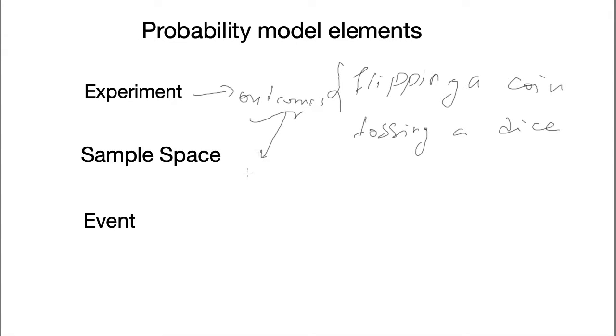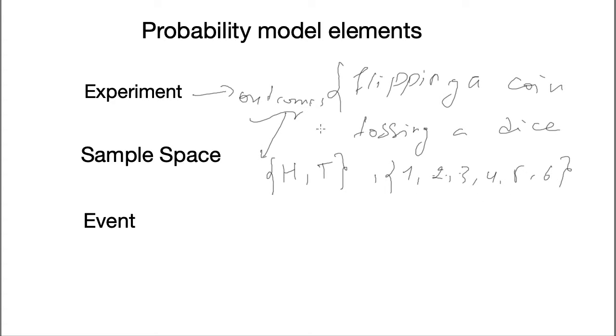These outcomes of this experiment are called the sample space. So the sample space is the outcomes of these experiments. For example, in the case of flipping a coin, we can get the sample space heads and tails, and in the case of tossing a dice, we can have the outcomes from 1 till 6, so 1, 2, 3, 4, 5, 6.